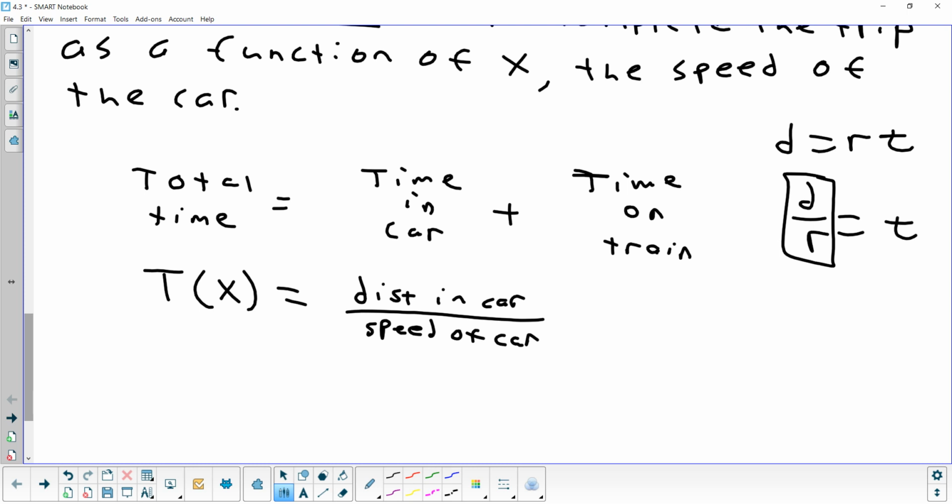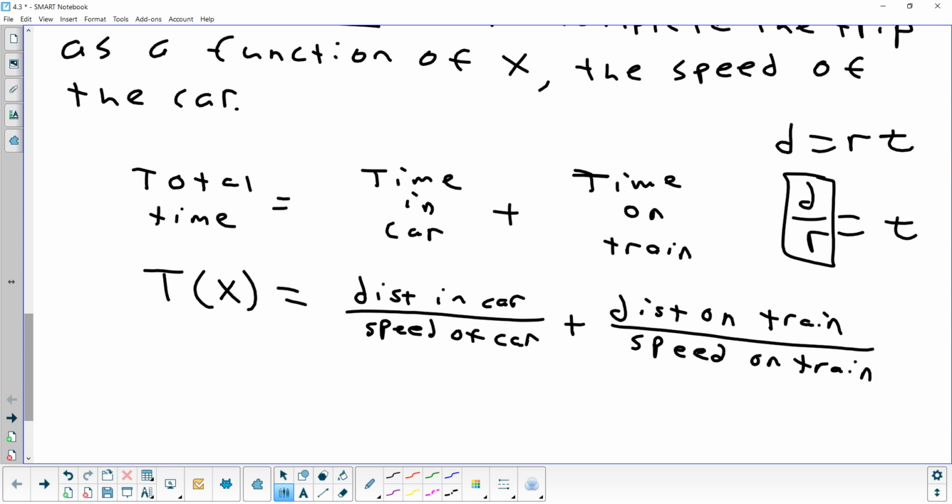So this is the same thing as saying the time in the car, plus the distance on the train divided by the speed of train. Distance divided by speed will give me time again. Questions on that?